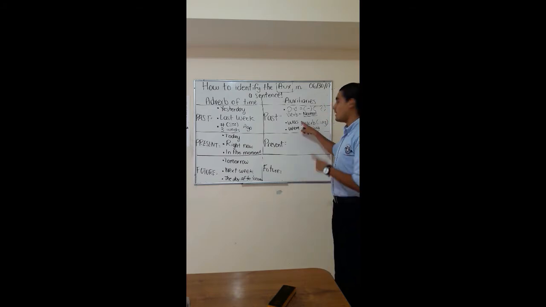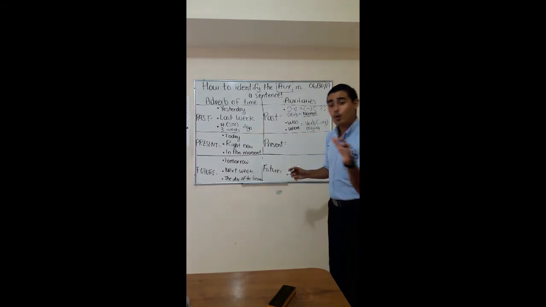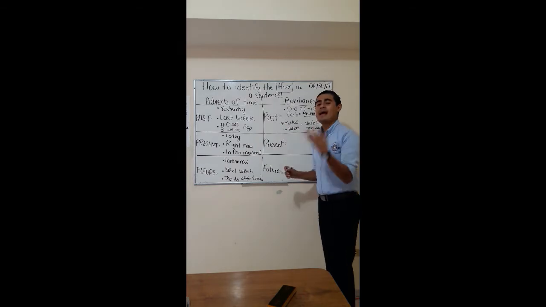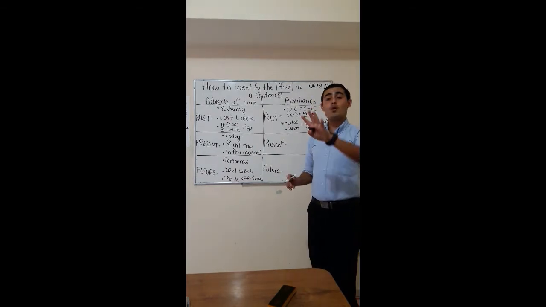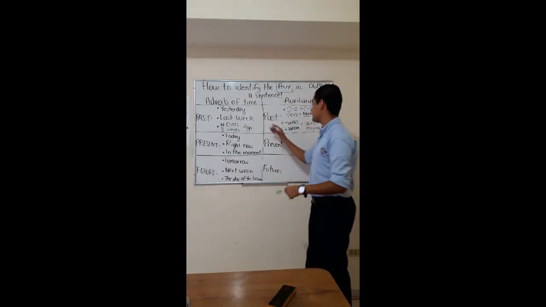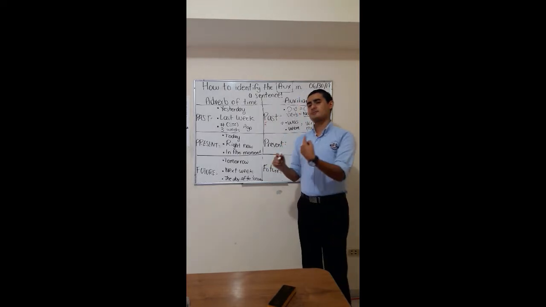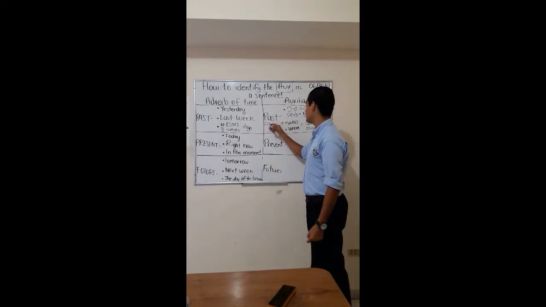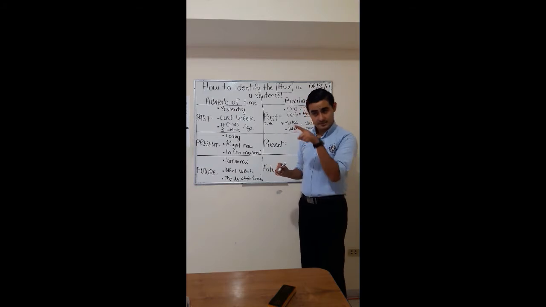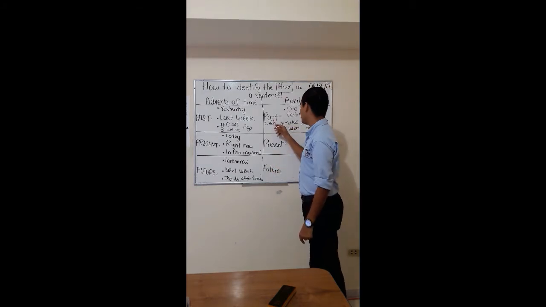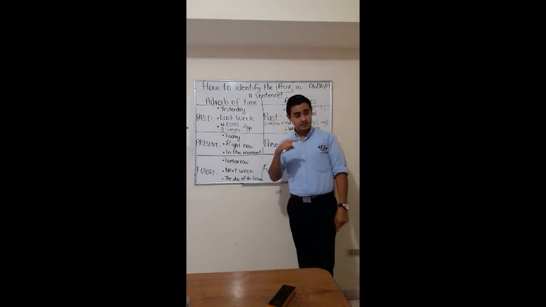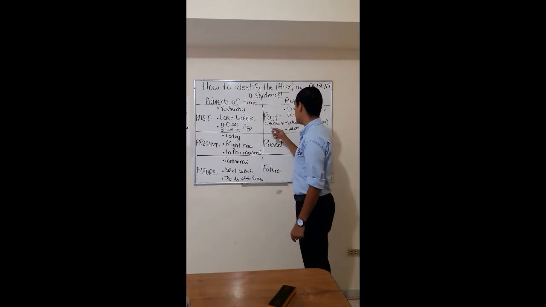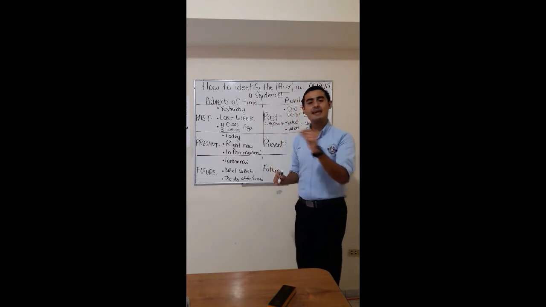Now, the difference of was versus were is the subject, okay? Especially for was, we have 4 special subjects. The subject I, the subject he, the subject she, and the subject it.